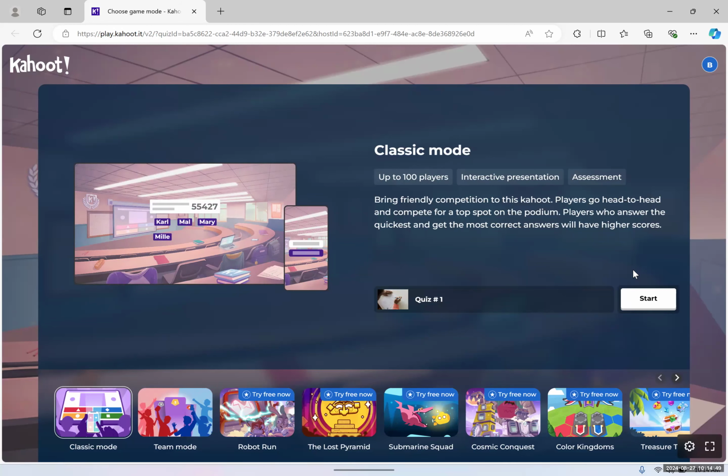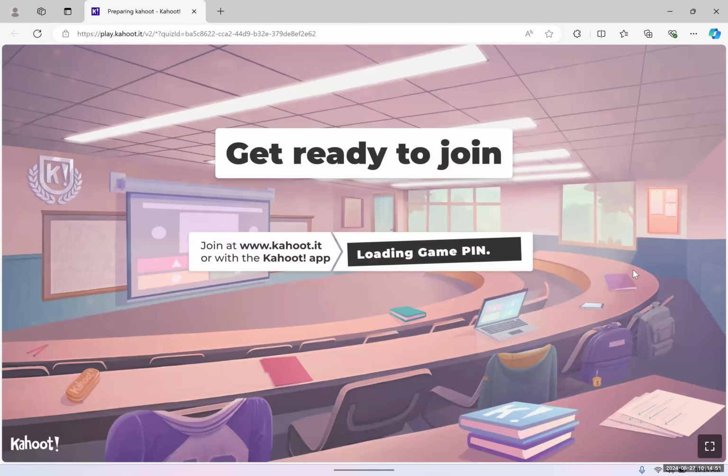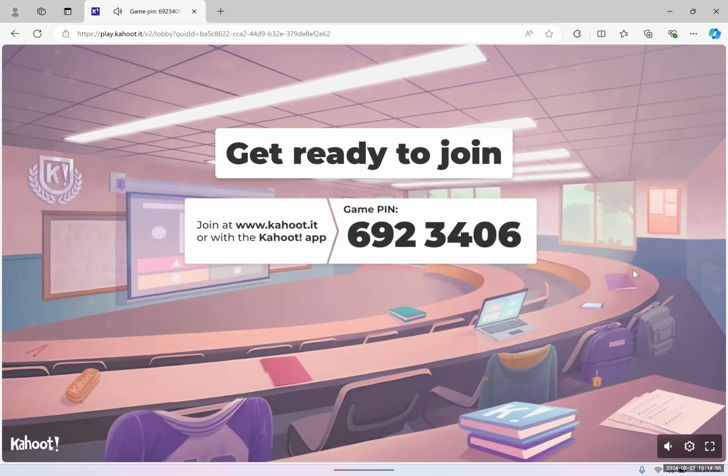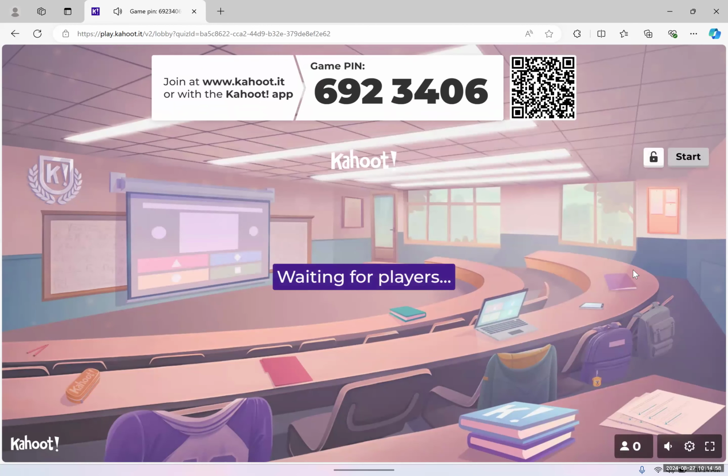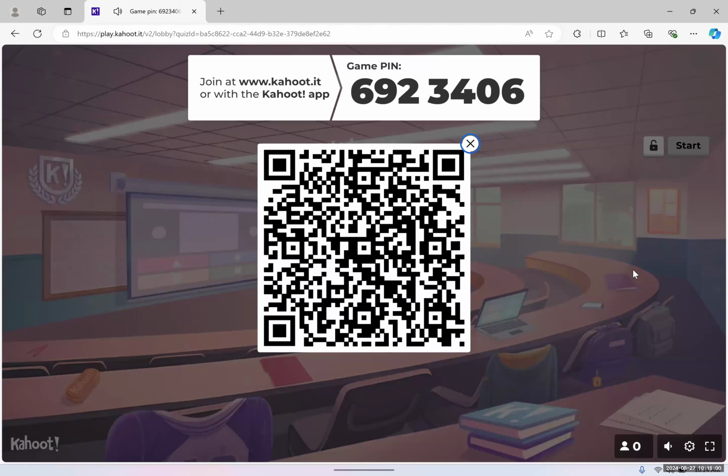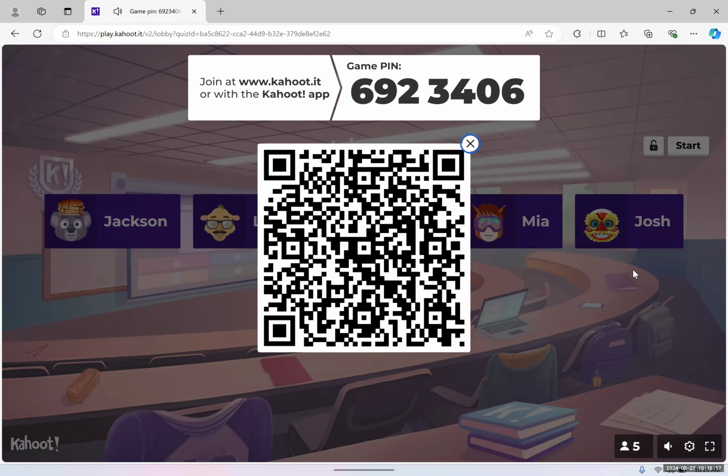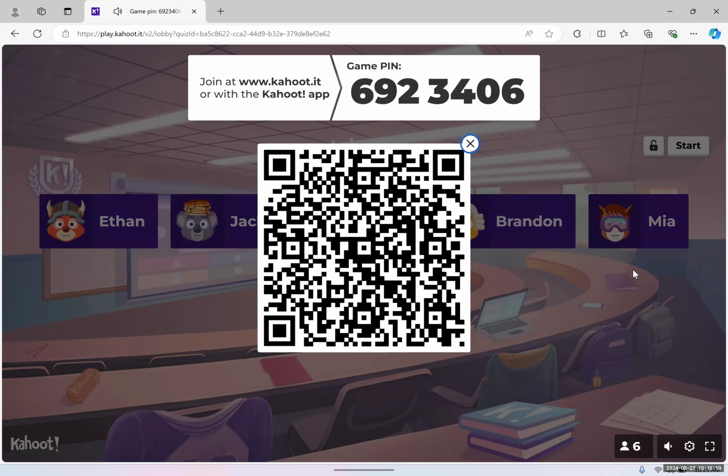So again, let's start with the quiz. You can also scan the QR code and run quiz.